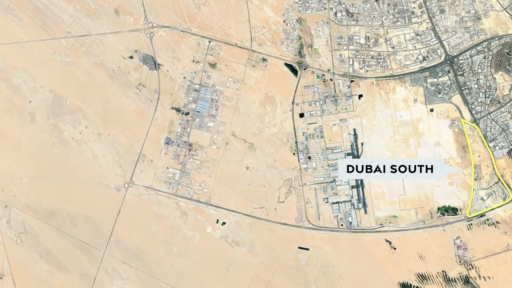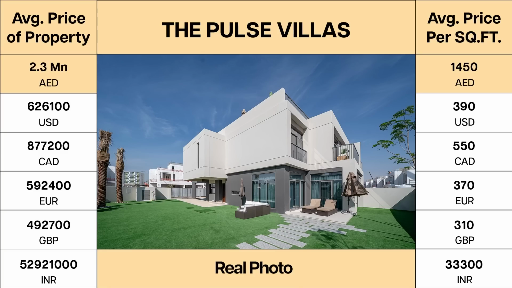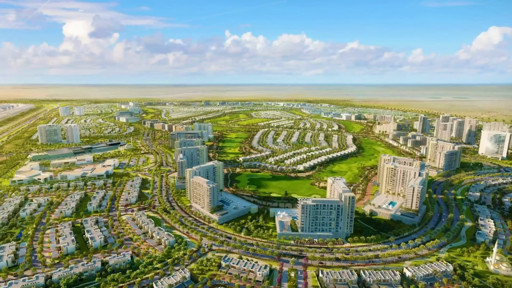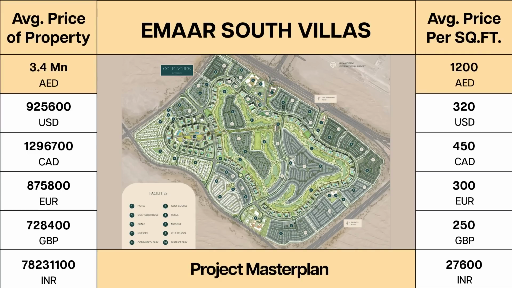There are options from the Dubai South developer. Firstly are the Pulse villas, which are going around at an average price per square foot of 1450 dirhams. Emaar South has a few villa clusters around the golf course plus a number of townhouse clusters on the periphery of their 7 square kilometer master plan. Average price per square foot is at 1200 dirhams.